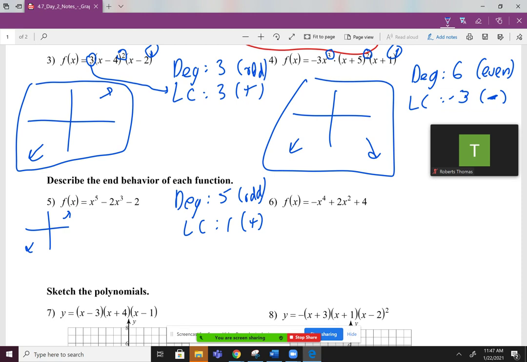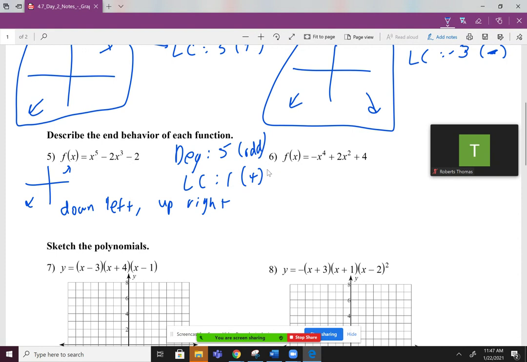So odd positive, just like number 3, is down to the left and up to the right. So I'm actually going to write that out. So down is y negative infinity.